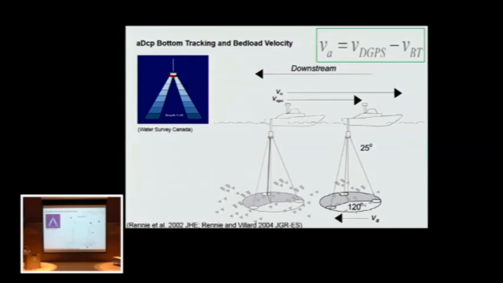The problem with bottom tracking in a mobile bed condition is there are particles moving along the bed, and the velocity of those particles will bias the estimate of the boat velocity. So what I've been doing is extracting that bias by comparing the bottom track velocity to GPS boat velocity and using that as an apparent measure of the velocity of those particles.